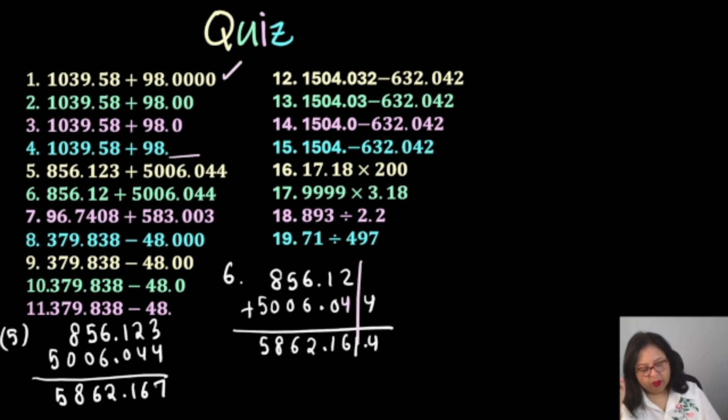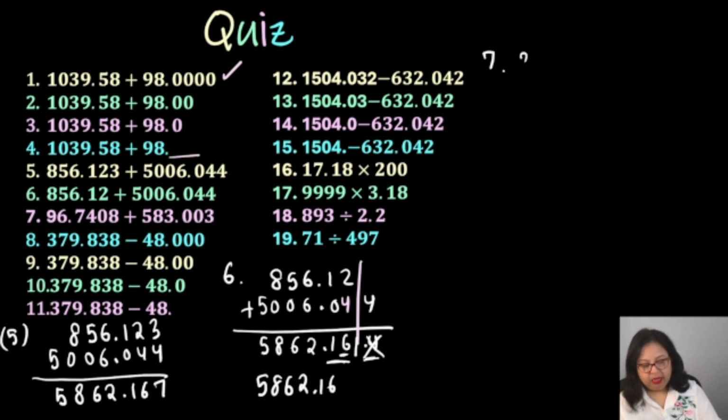Alright, so since we want to round it off to 2 decimal places, that means we are going to look at the 3rd digit after the decimal, which is 4. Since this 4 is smaller than 5, when we take this away, that means the 6 will remain 6. So the answer is 5862.16. That's all.